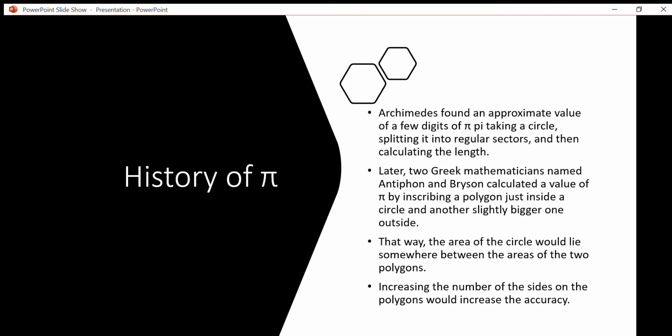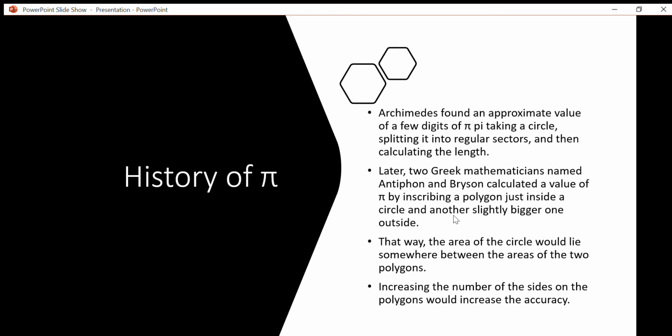Later after Archimedes, two Greek mathematicians calculated a value of pi by inscribing a polygon just inside a circle and also outside a circle, which aren't exactly the same size, but one is slightly bigger and one is slightly smaller.